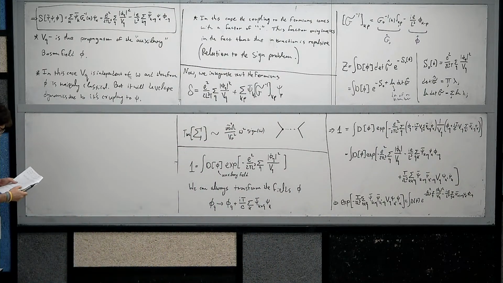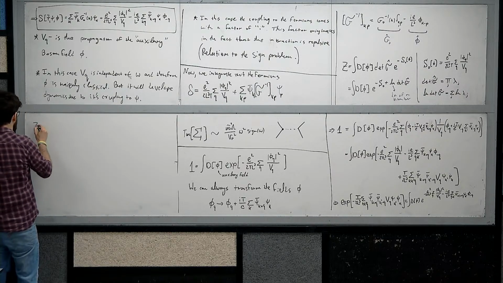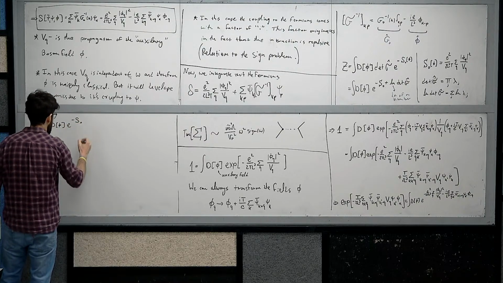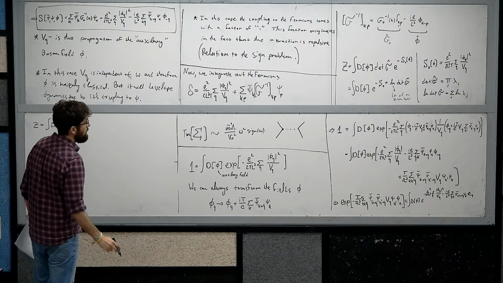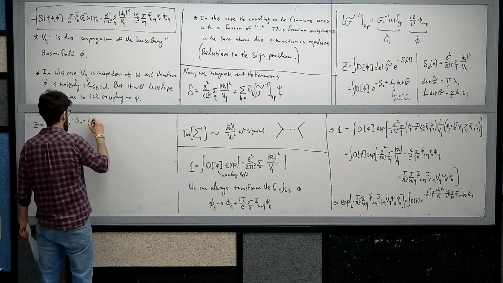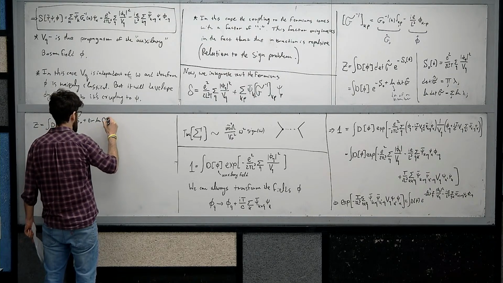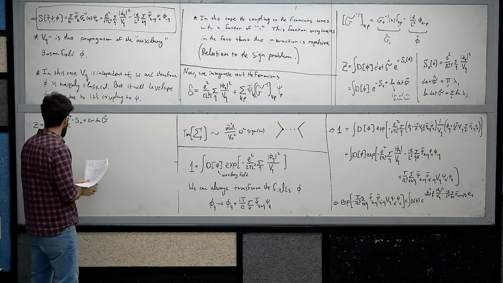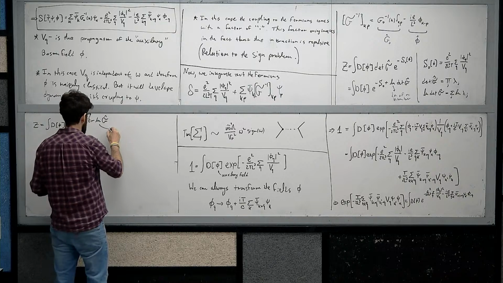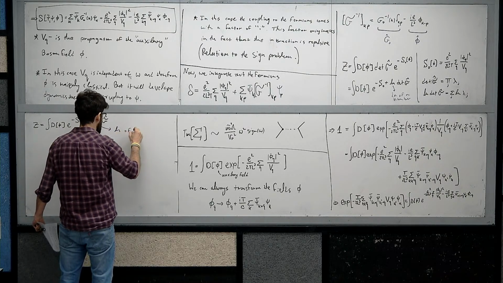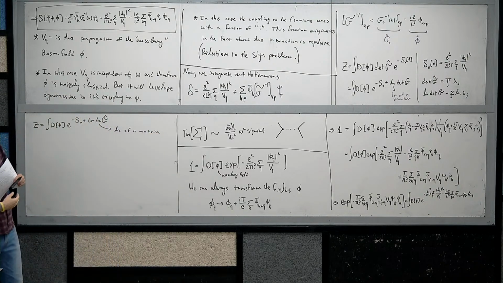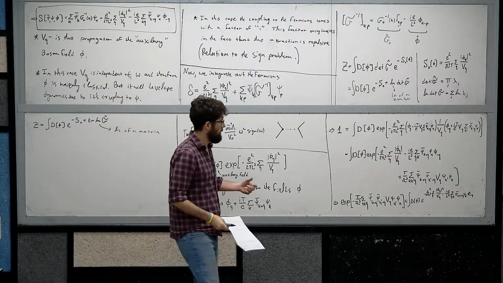But then you can rewrite it as an integral d phi e to the minus S0 of phi plus trace of ln G. And then this here is now a ln of a matrix, which is something different, and it's a generalized logarithm.